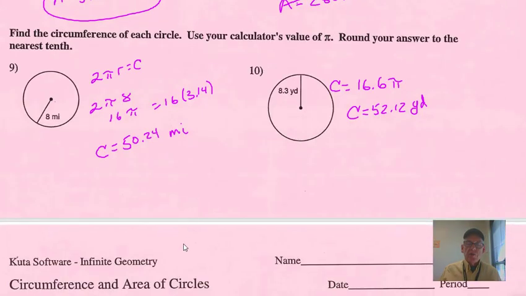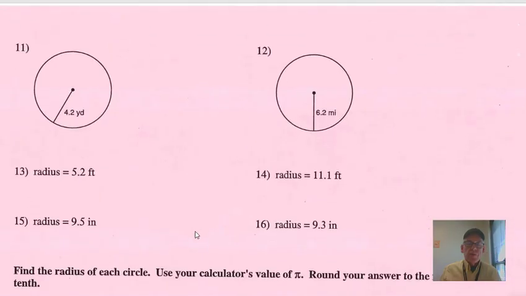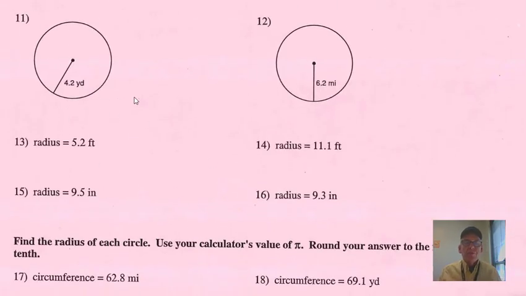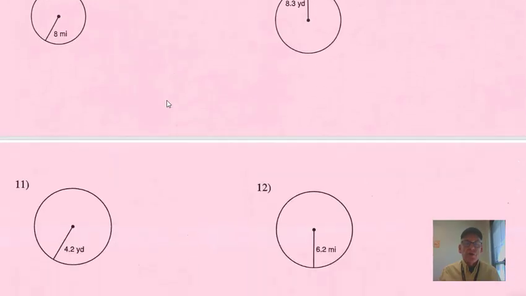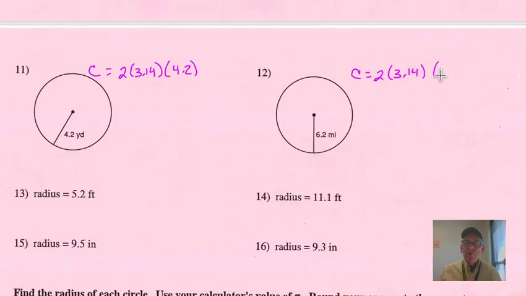Let's move on. Now this page here is a duplicate of the one we just did. This page here has different problems on it. So let's see what we got with this. We're still finding circumference. So we got 2 times pi times r. So this is going to be 2 times 3.14 times 4.2. Over here, c equals 2 times 3.14 times 6.2.